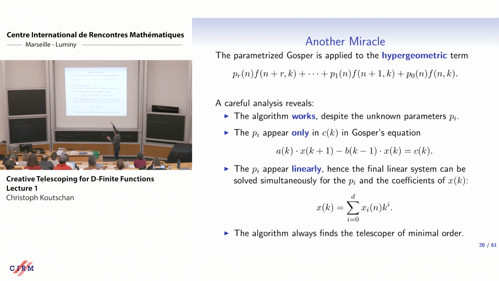So when you run this algorithm, then a of k, b of k, c of k, they will be concrete polynomials with certain degrees and with certain leading coefficient, and then you have to investigate them and you just check what is the condition on x so that the whole equation can be satisfied and you get a certain d.